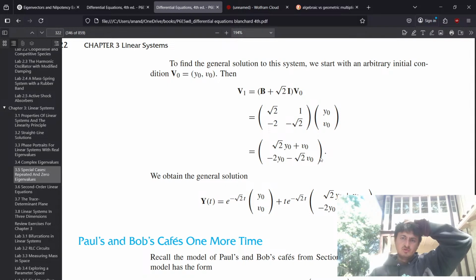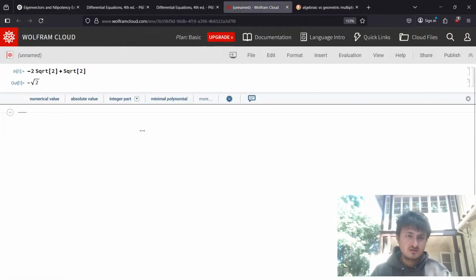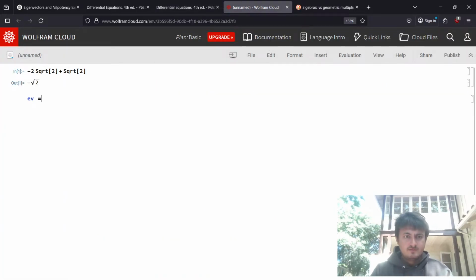All right, so let's just compute a random point that's not on it. We know that the eigenvector is 1, minus square root 2. We know that this is the eigenvector.